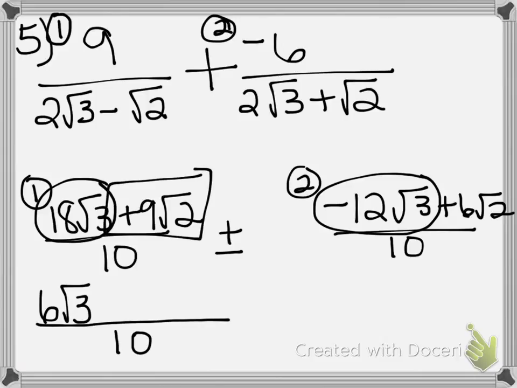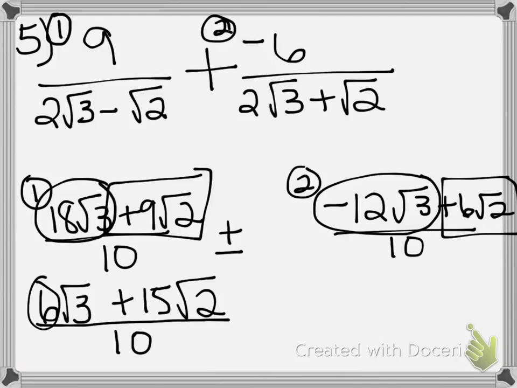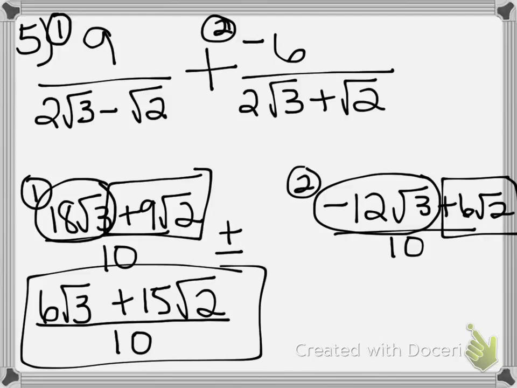I have a 9 square root of 2 plus a positive 6 square root of 2, and that's going to give me 15 square root of 2. Now at this time, I check all 3, and none of them have anything in common, so this truly is my final answer to my original problem.